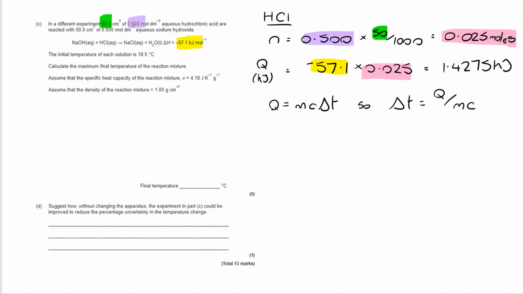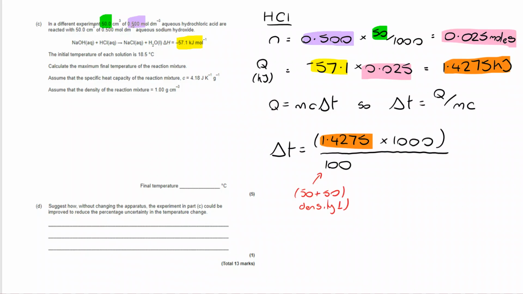It's Q over mc. Well, Q, I've just calculated, is 1.4275 kilojoules. However, in the Q is mcΔT calculation, it must be in joules. So I'm multiplying by 1,000. I'm then dividing by mass. Remember, this is the mass of surroundings. 50 cm³ of HCl, 50 cm³ of NaOH is 100 cm³ in total.